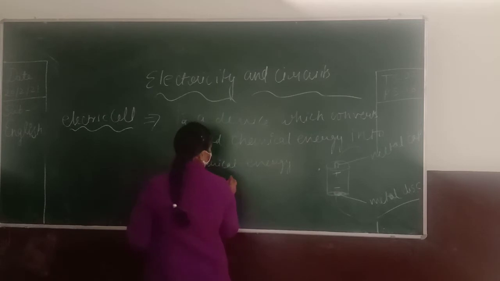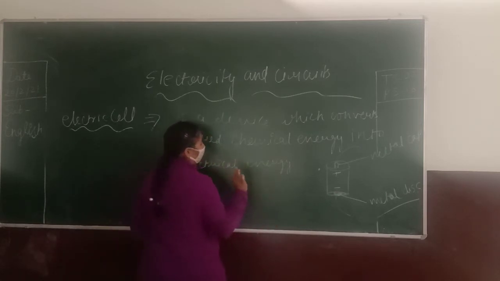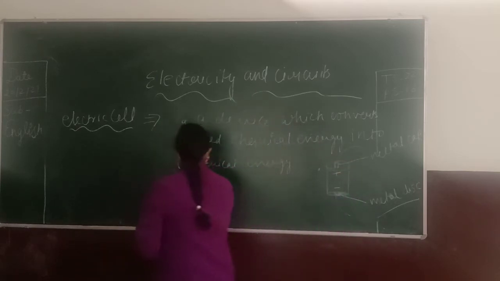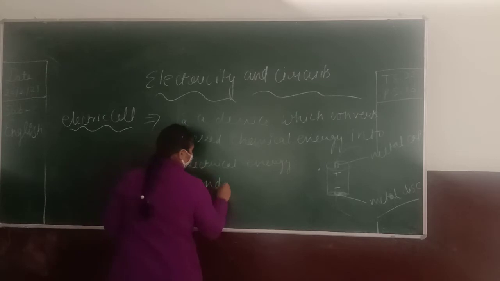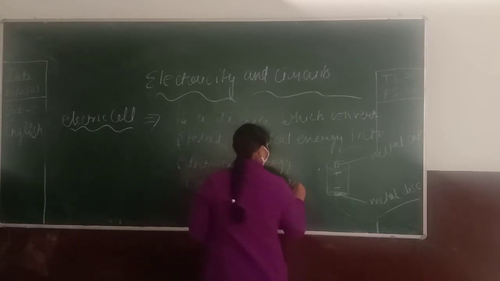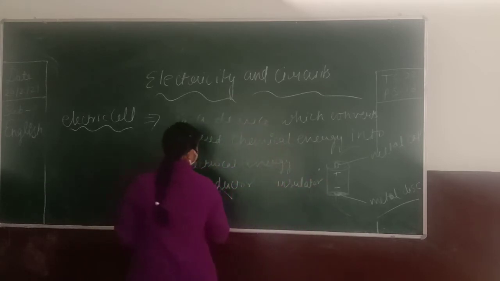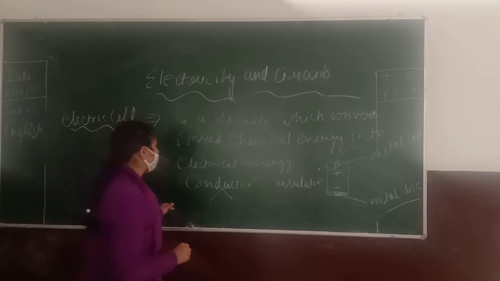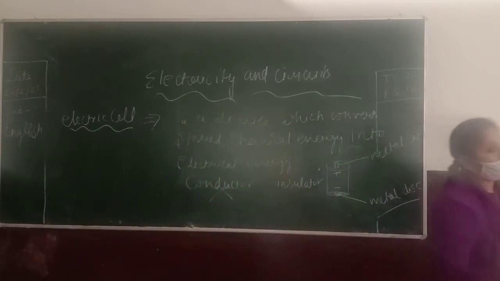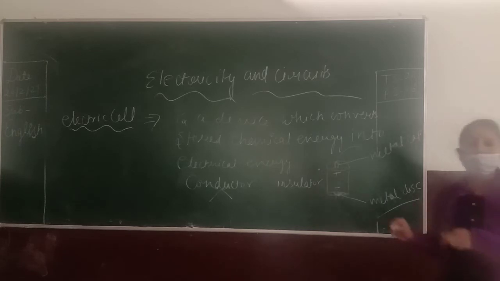Materials related to electricity are of two types: conductor and insulator. Conductors are the materials which conduct electricity, which pass electricity through them.